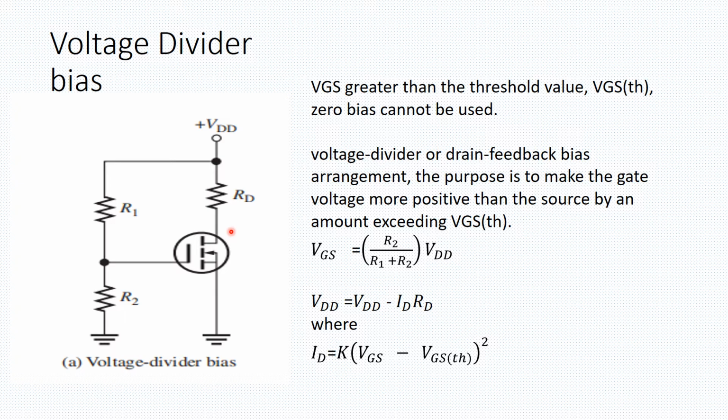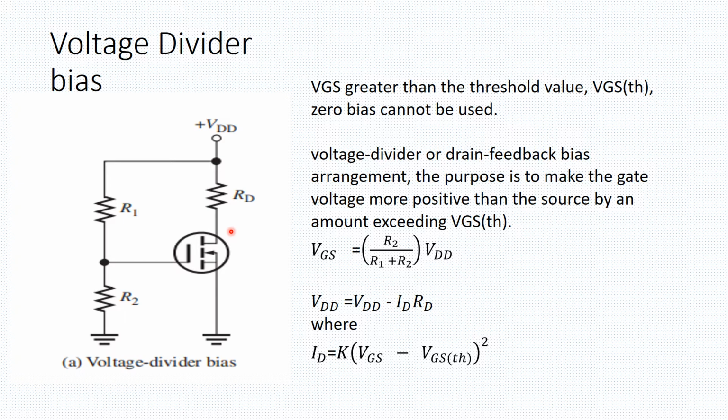For the voltage divider or drain feedback bias circuit, the arrangement is given in the figure aside. The gate voltage is more positive than the source by an amount exceeding the threshold voltage.